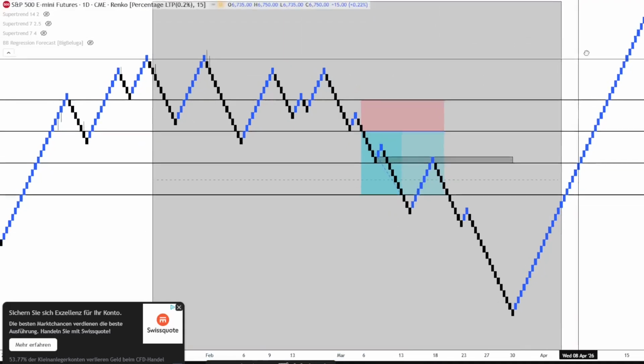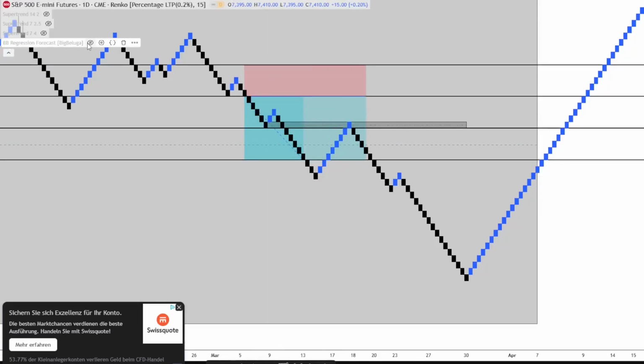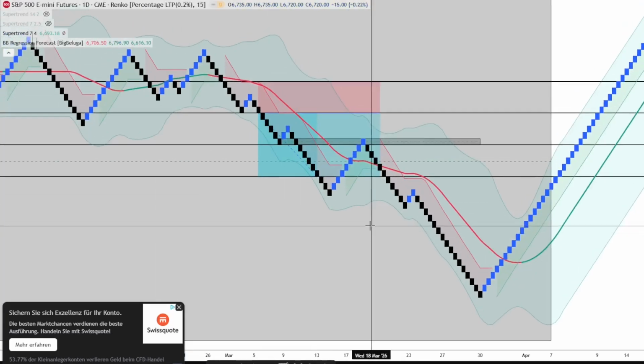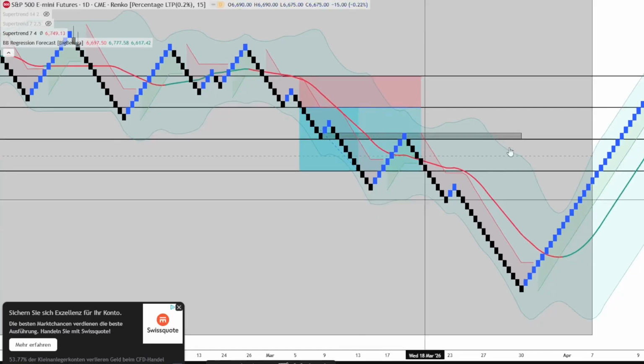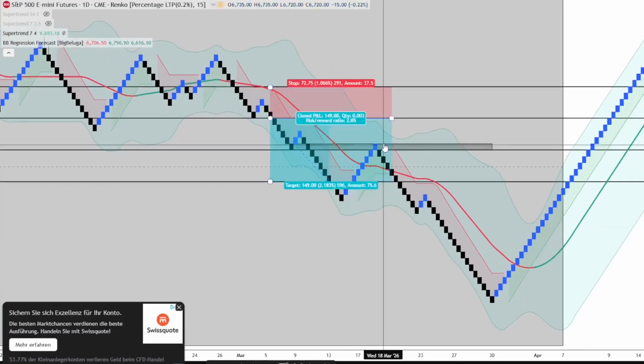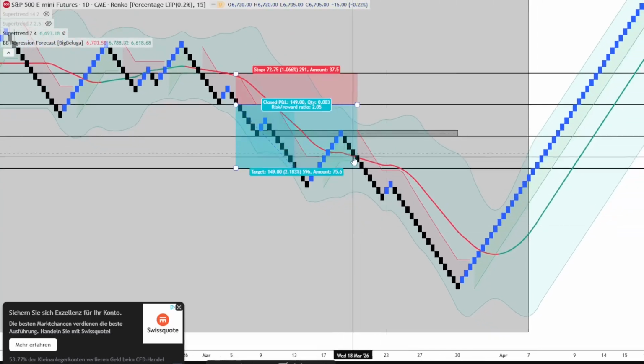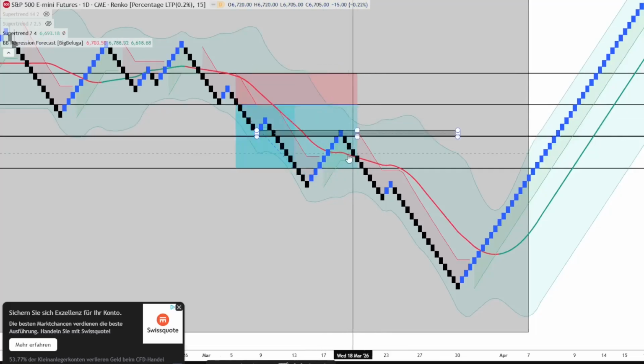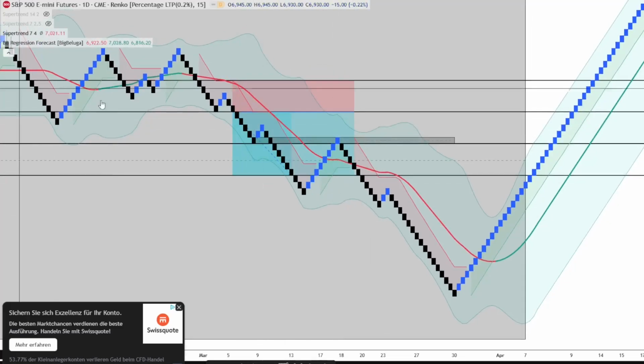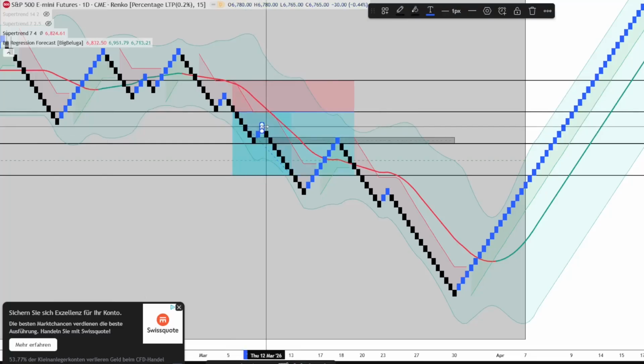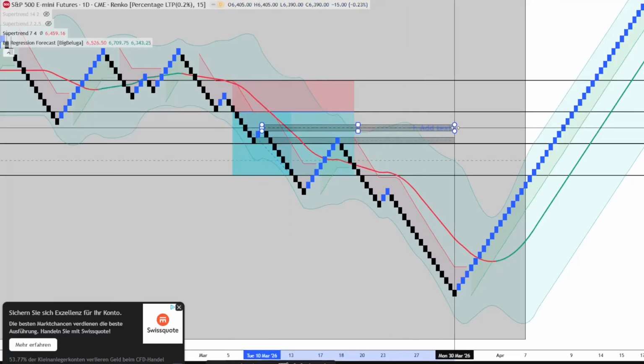So like I was saying, here you can use this also as support and resistance, and you can also use it to tell you when to hold the trade.